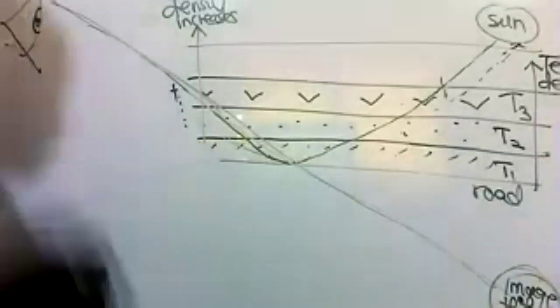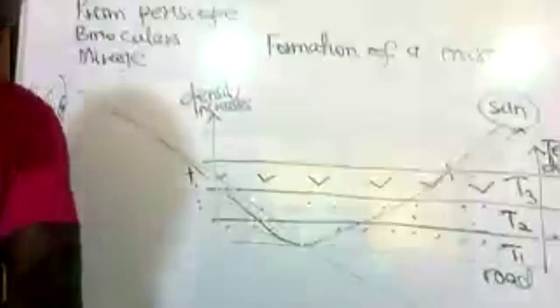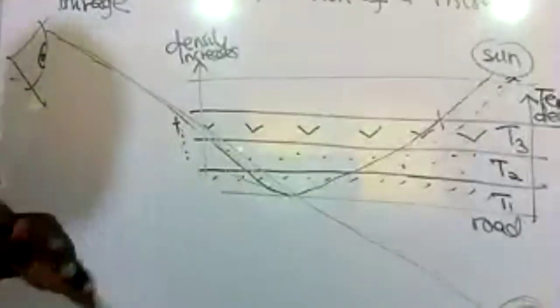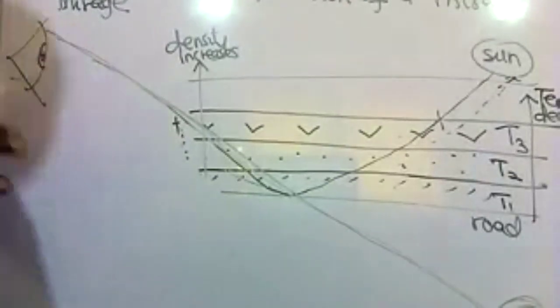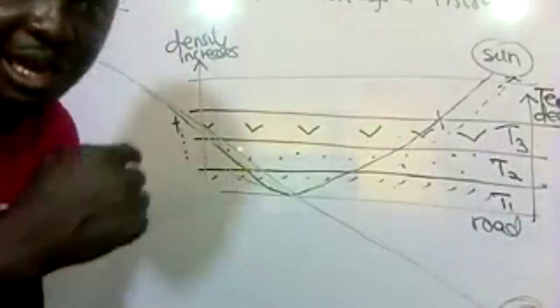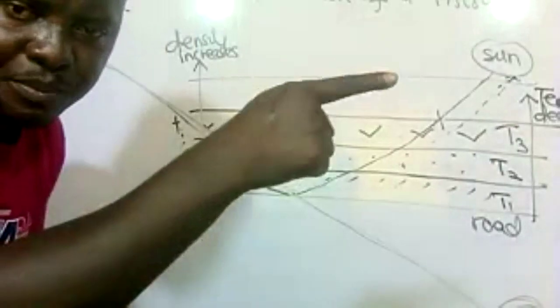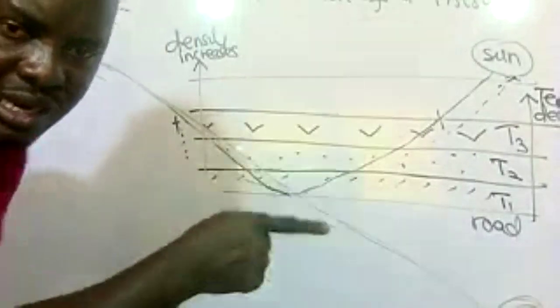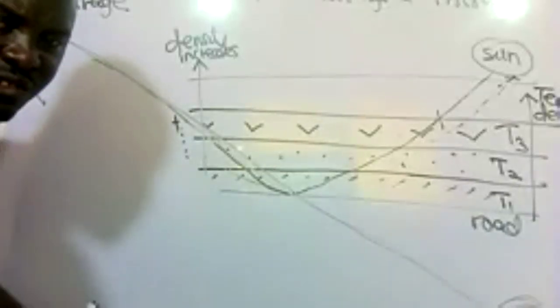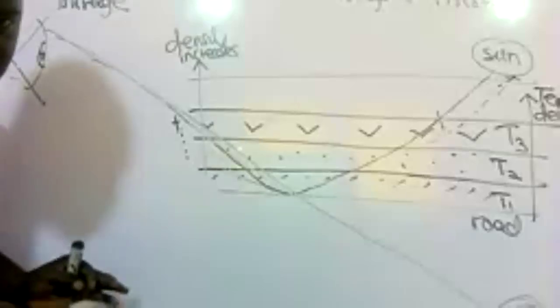So mirage formation is a result of the successive or progressive deviation of light rays from the sun as they move from a denser air layer to less dense air layers, and are successively deviated away from the normal.